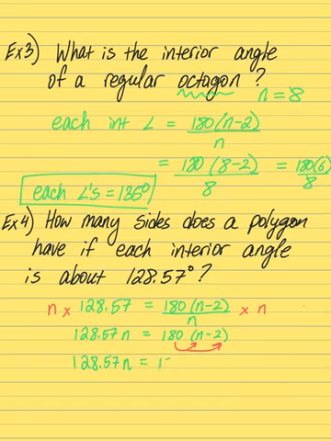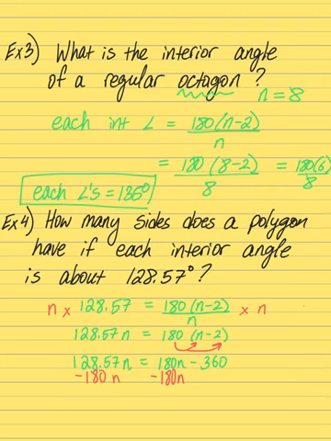On the right side, I get 180 n minus 360. Now I have n's on both sides of my equation. I want them together on the same side so that I can get the n by itself. So what I'll do is I'll take this 180 n, and I'm going to subtract it from both sides so that they are on the same side together.